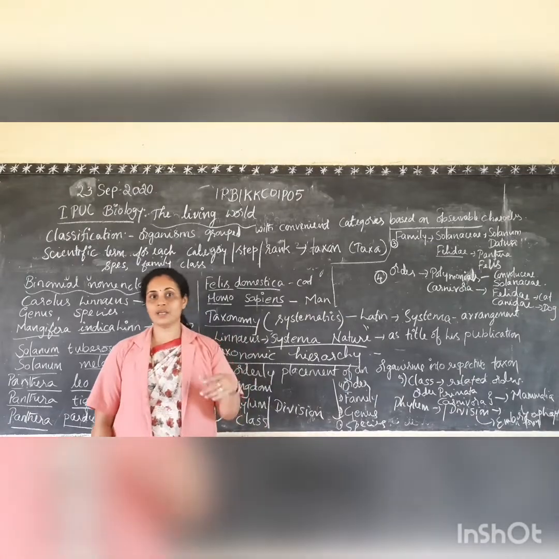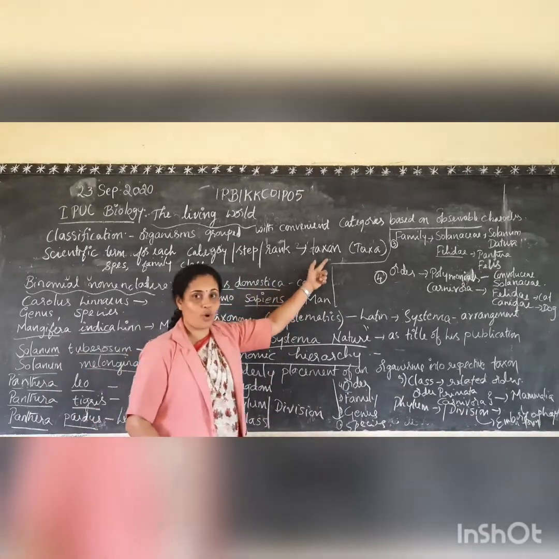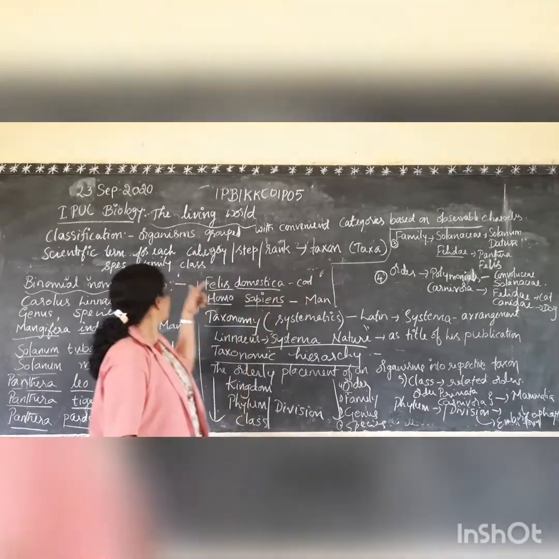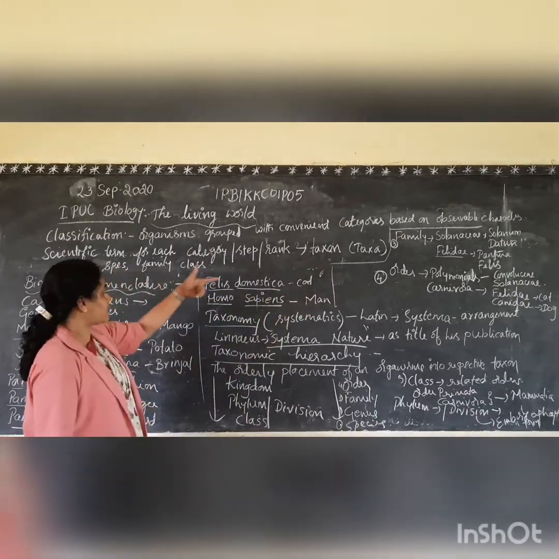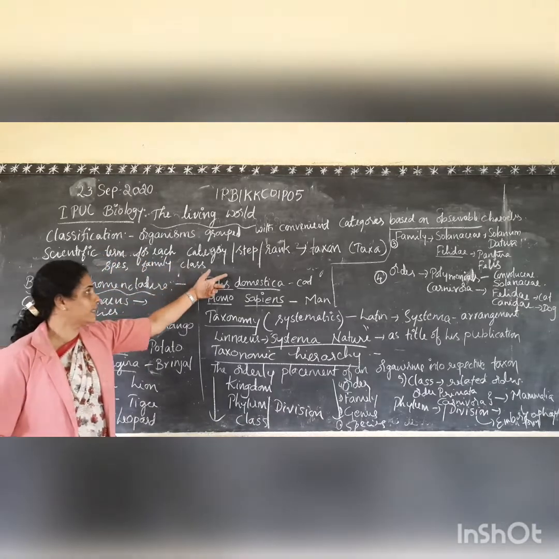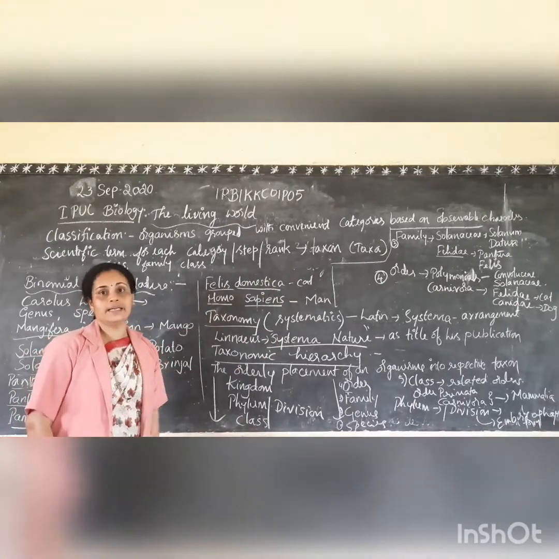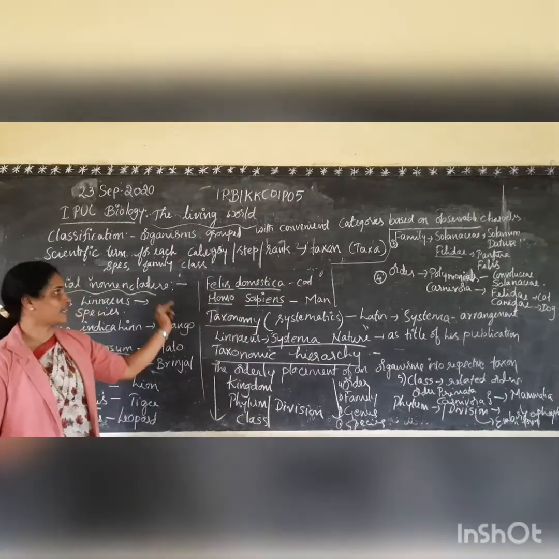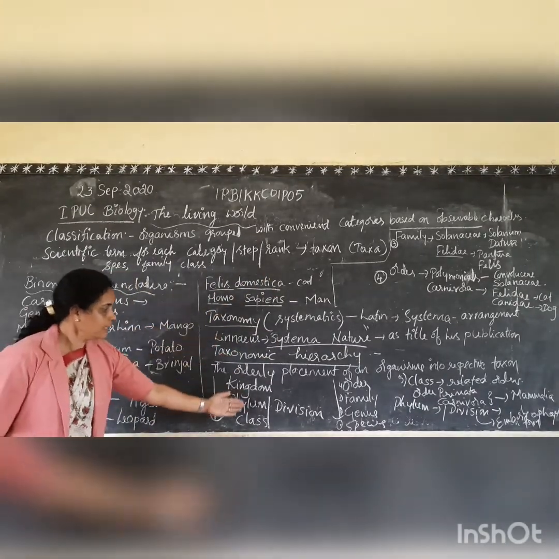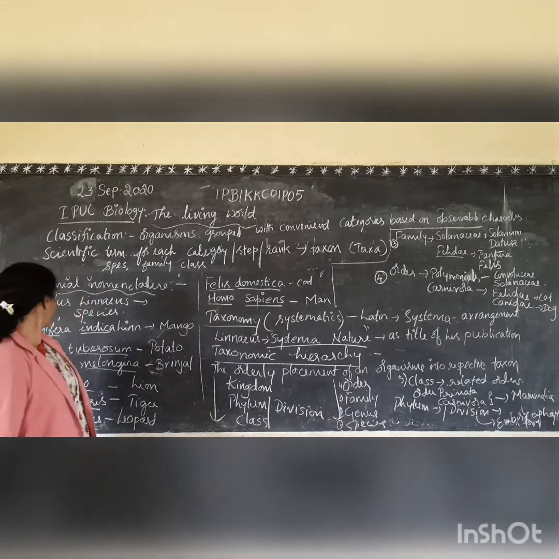All these ranks or categories are called taxon or taxa. Taxon is the scientific term for each category, step or rank.